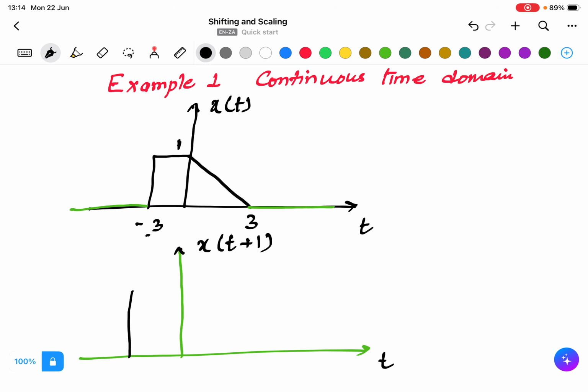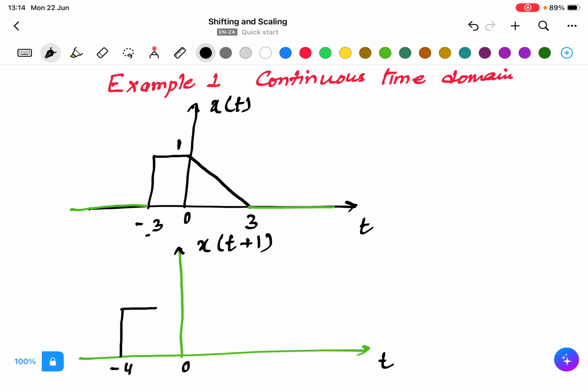You will shift this -3 to, the amplitude remains the same, to -4, and up to 0. Here it's 0, so it's for 3 values.